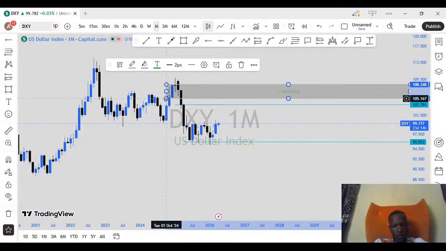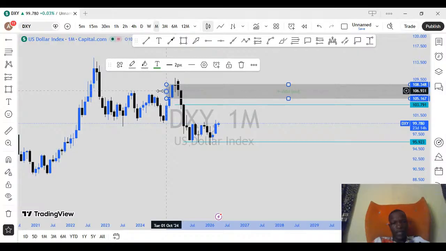How do we know supply zone? A supply level is a buy candle before the bearish move, the last bullish candle before the bearish. That's what we call supply zone.